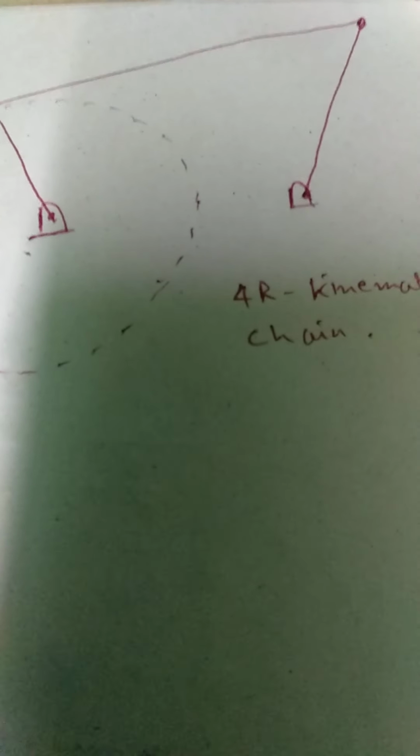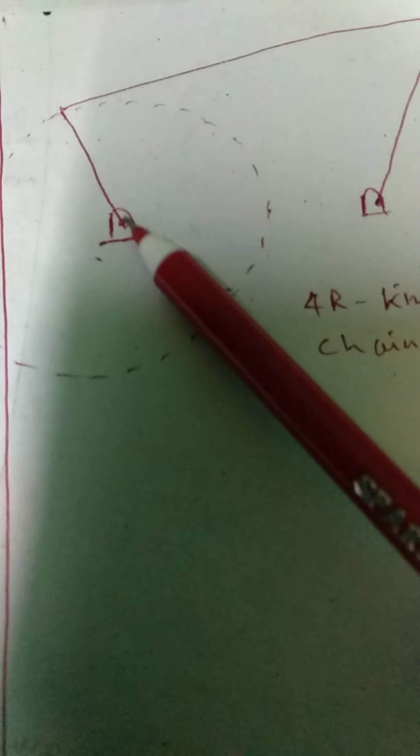This is the figure of a 4R kinematic chain, where I have shown the input link. This link will be able to rotate continuously about this joint. This is what we require.